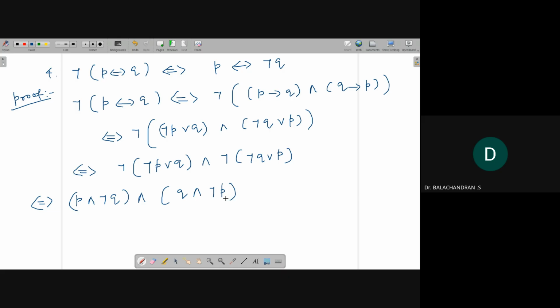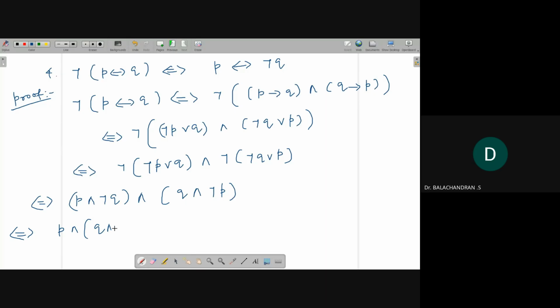Okay, now here I'm going to apply the distributive law. Consider this is A, this is B, this is C. The whole thing is C. So you'll get A and C. What is C?